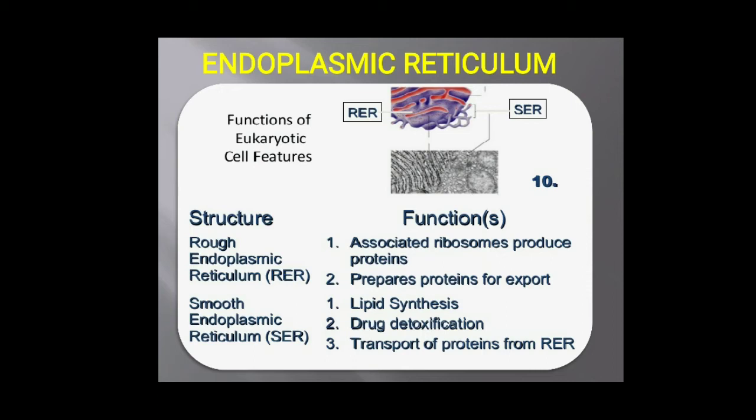Why do we call it rough endoplasmic reticulum? Because of the presence of ribosomes on it. The rough endoplasmic reticulum is the site of protein synthesis and smooth endoplasmic reticulum helps in lipid synthesis, drug detoxification and transport of proteins within the cell.